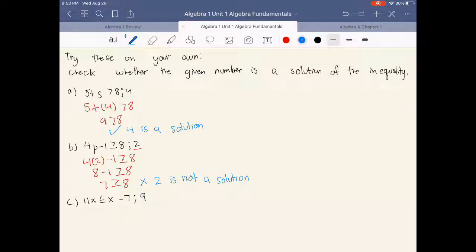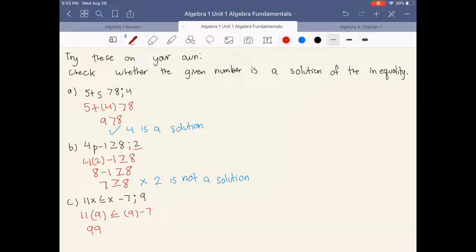Okay, so let's go to C. We're replacing x with 9. Okay, so 11 times 9 is less than or equal to 9 minus 7. Okay, so let's solve. 11 times 9 will give us 99.